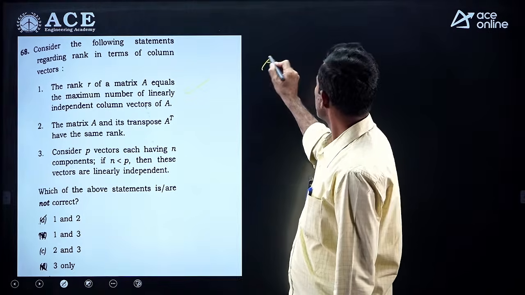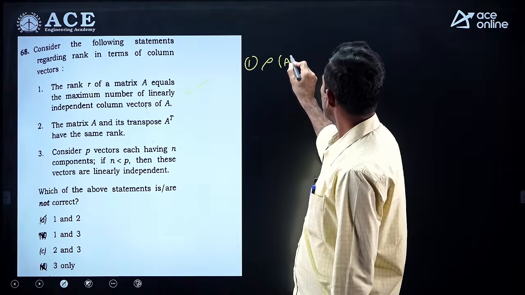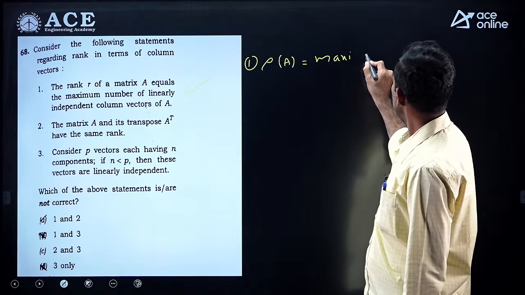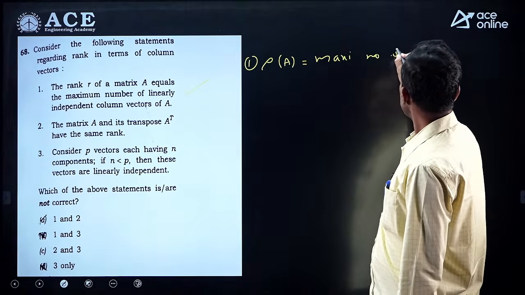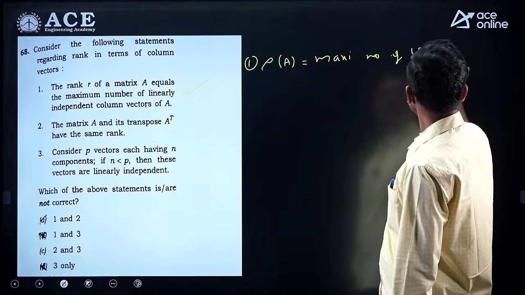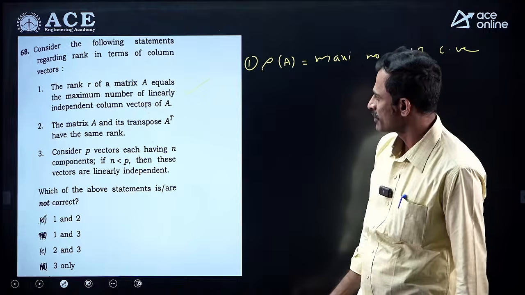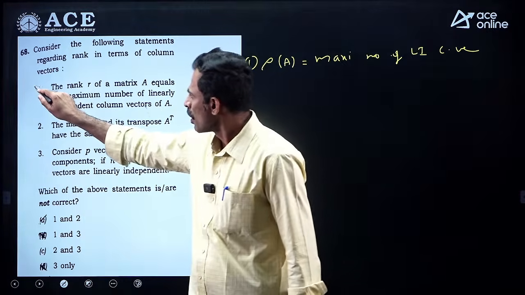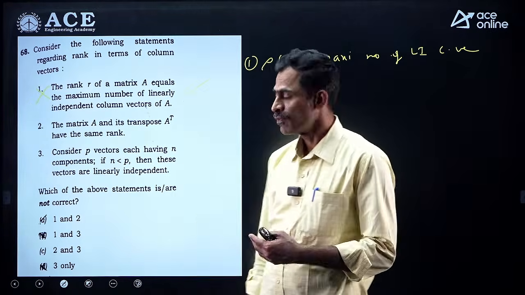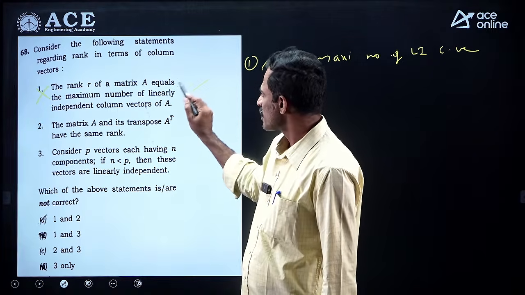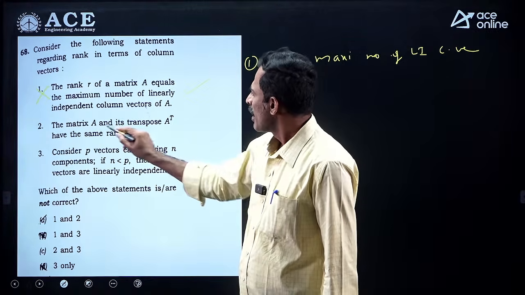The first statement is correct: rank of A equals the maximum number of linearly independent column vectors. But it is a wrong answer, because we are searching for the false statement.